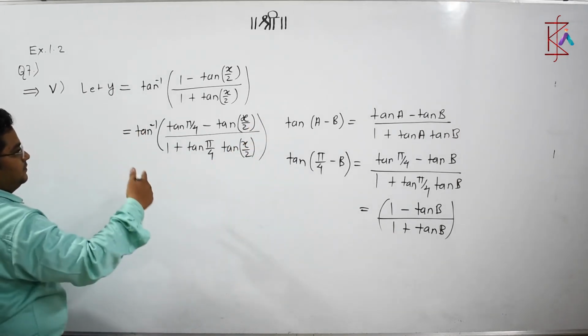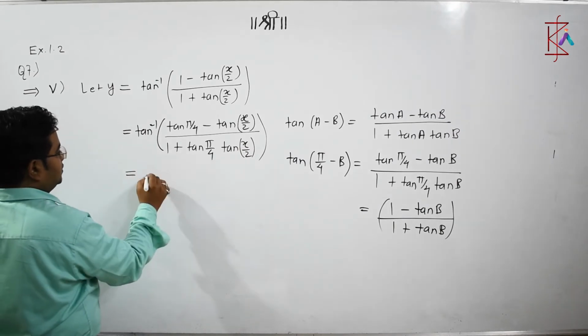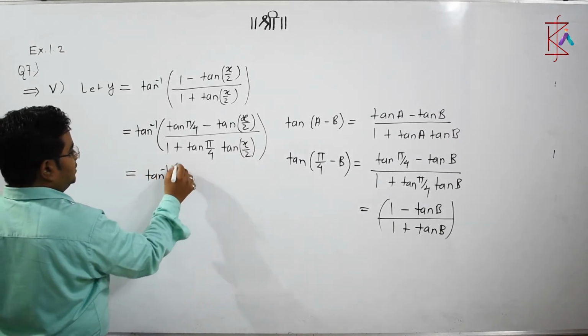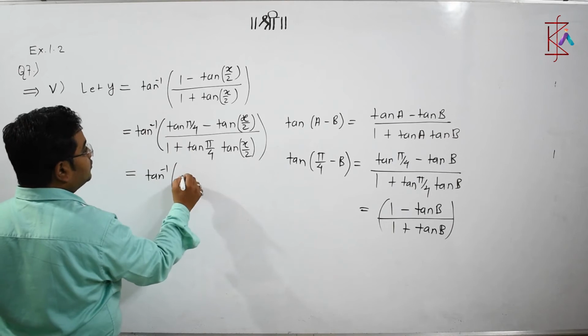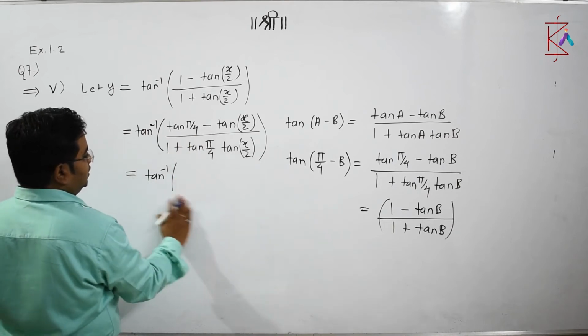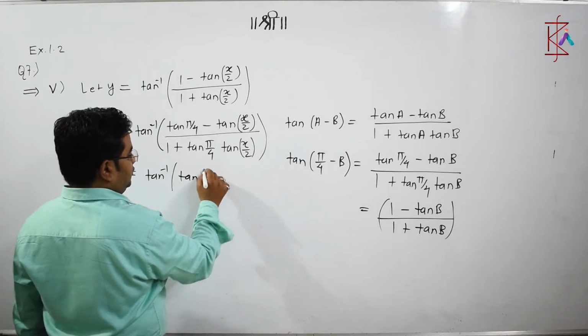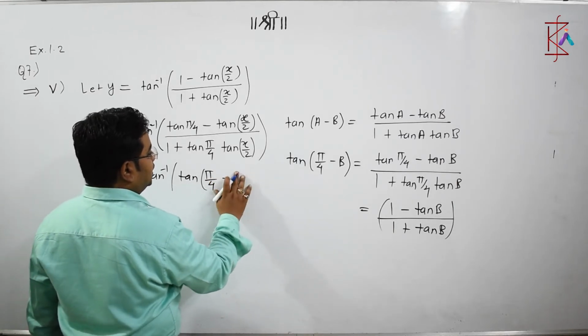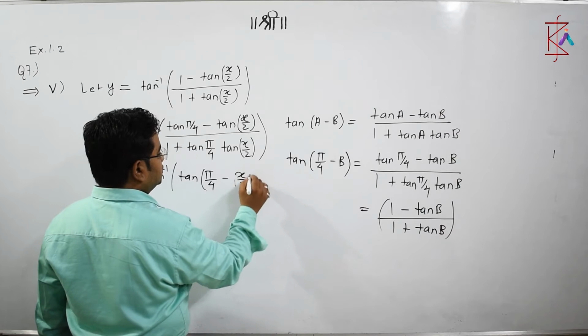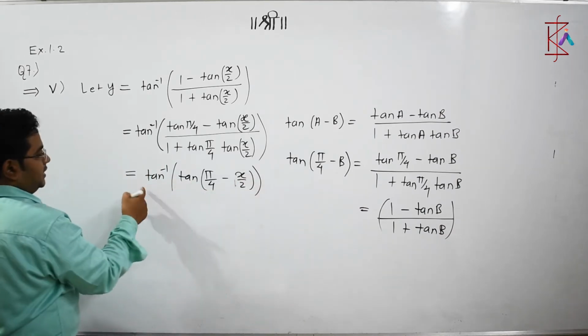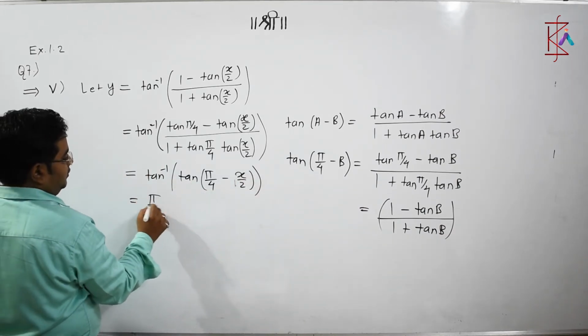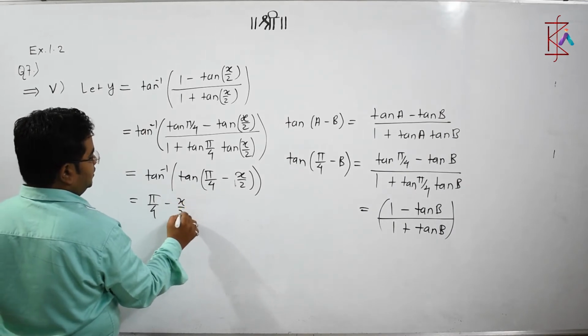Now focus, which is nothing but tan inverse of tan of pi by 4 minus x by 2. Now this tan inverse will get cancelled, and what remains is pi by 4 minus x by 2.